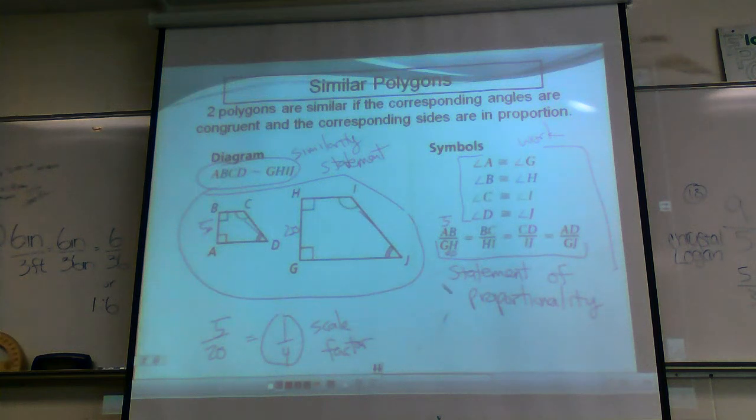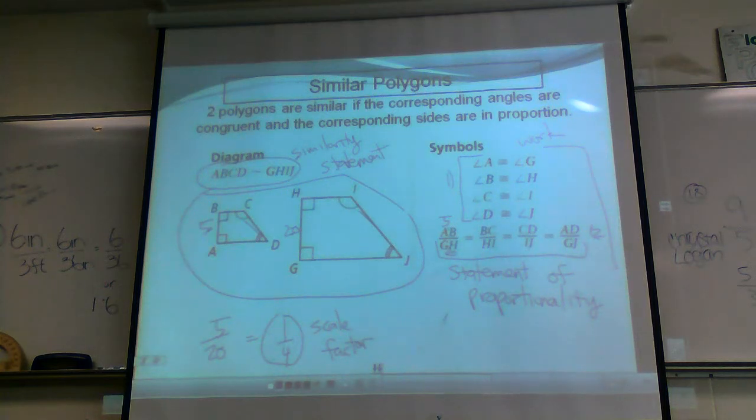Okay? So going through the process again, if I gave you two shapes and asked, are these shapes similar? First thing you do, check the angles. Next thing you do, make sure you get all the sides into a big proportion, and then take the numbers and plug them in.